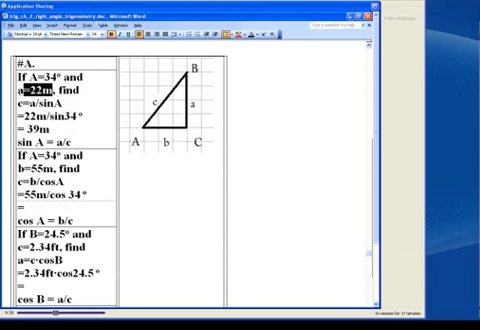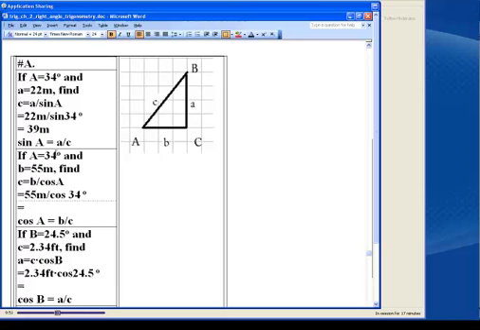Notice that with A being 22 meters, the hypotenuse C has to be longer, and that is achieved by dividing by the sine. The sine is always between 0 and 1, or 0 and -1. So C always has to be at least larger than A, so this makes sense. Same thing on the next one with B equals 55.